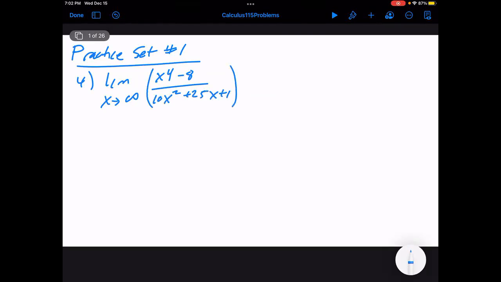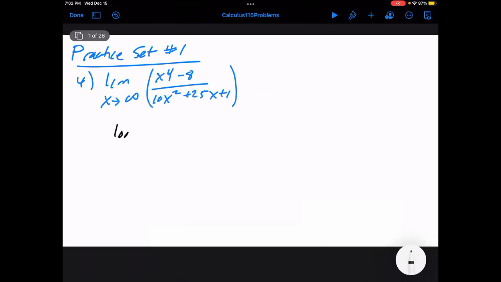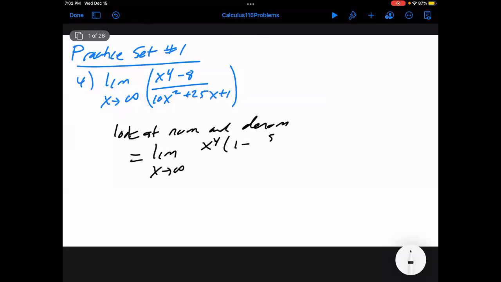When we have polynomials like this, it's really easy. We look at the numerator and the denominator. We can write this as the limit as x goes to infinity, pulling out the highest power of x. In the numerator we have x to the 4th times 1 minus 8 over x to the 4th.